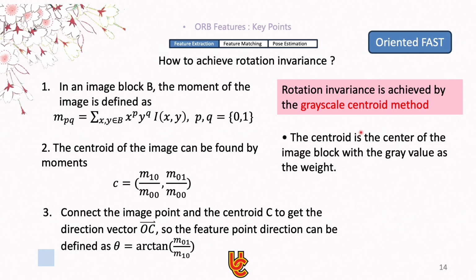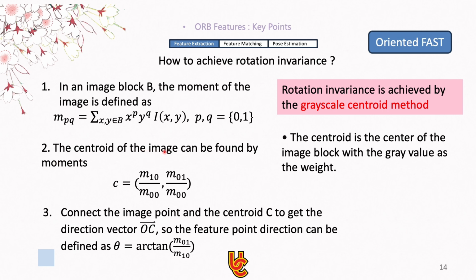And then here we can talk about how to achieve rotation invariance. Rotation invariance is achieved by the grayscale centroid method. It's also very easy to understand. In an image block B, the moment of the image is defined as this: m_pq equals the sum of x^p y^q times the intensity of every pixel, where p and q equal 0 or 1.